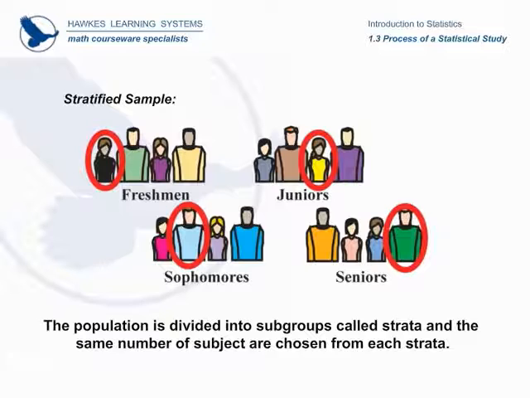And then we select one member out of each strata. So the population is divided into subgroups called strata, and the same number of subjects are chosen from each strata. In this case, one subject is chosen from each of the strata.